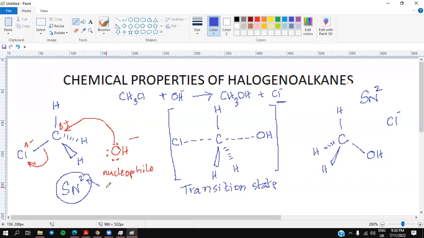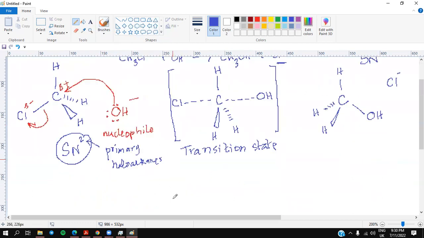Sn2 reactions are shown by primary halogenoalkanes, primary haloalkanes, and these reactions happen through a transition state. This is a transition state. And one more thing, this whole reaction happens in a single step.